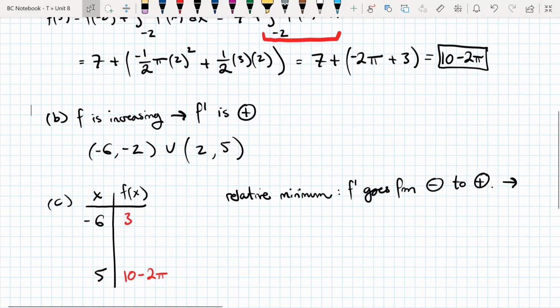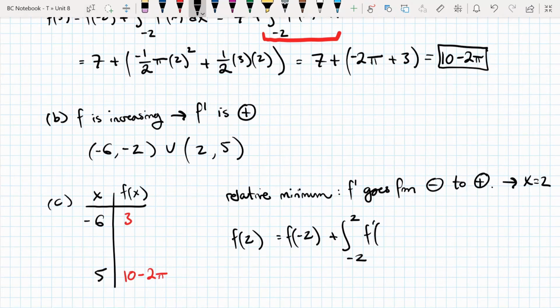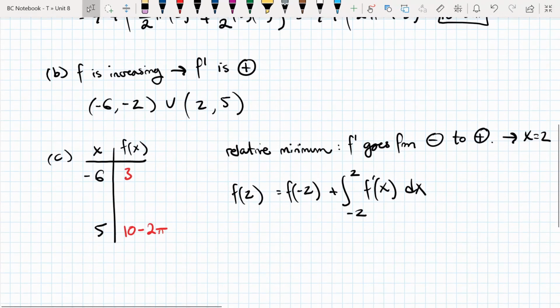So x equals 2. What we need to do here is determine what f of 2 is, and then compare it with the two endpoints. So our relative minimum occurs at x equals 2. Let's evaluate f of 2 by plugging it into this equation here. Same as before, except we're evaluating the function at a different x value. So this becomes 7 plus the area under the curve from -2 to 2. I'm going to scroll back up.